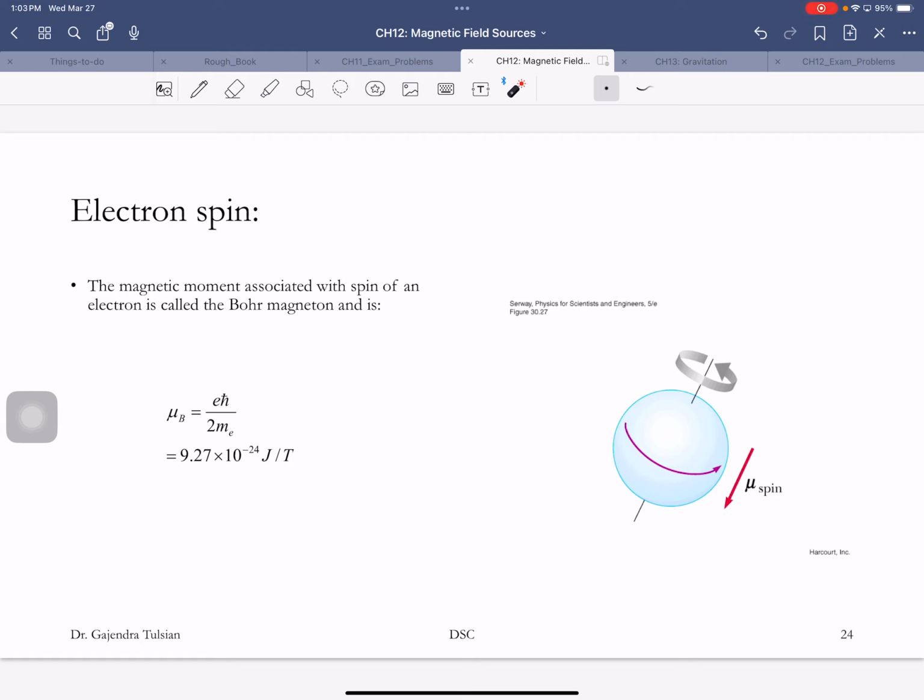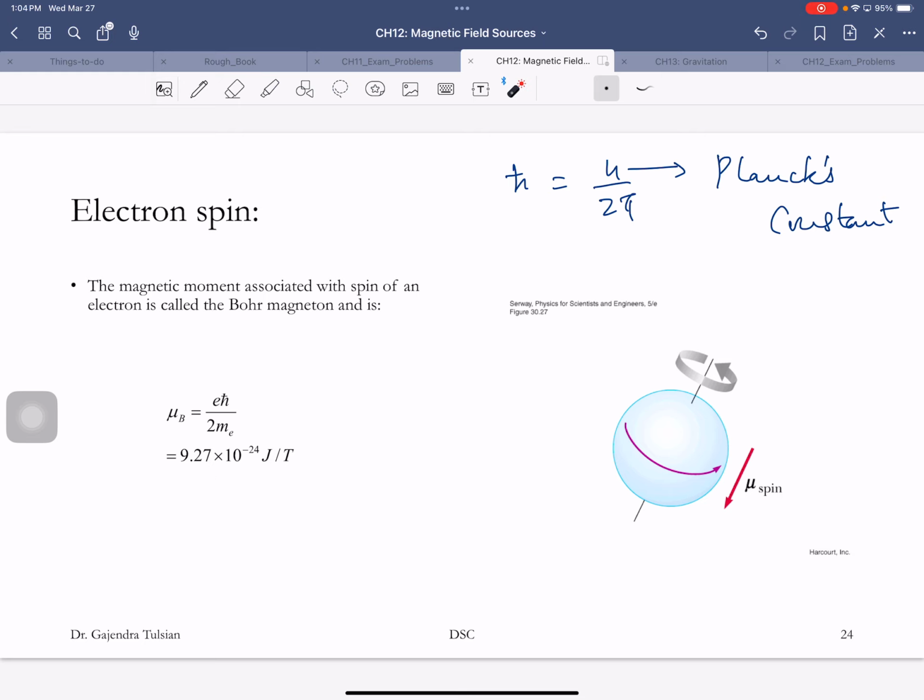What is that h next to the e? Oh, that's Planck's constant. h bar is h divided by 2 pi, and h is Planck's constant. So again, what is this number?